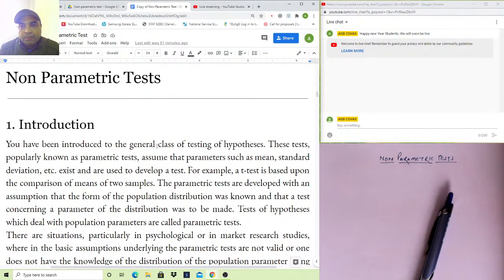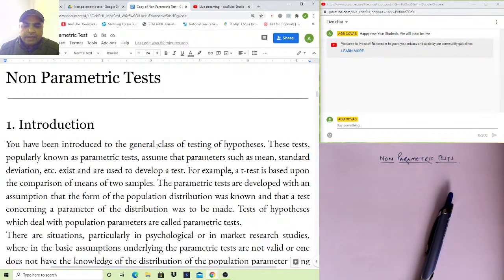So now we will be moving on to the end of these tests, and there will be two topics left in this statistics. One is non-parametric tests, and the other is experimental designs. We will be completing this in 2-3 classes. I will be devoting one or two sessions to the non-parametric tests, and one session to experimental design.